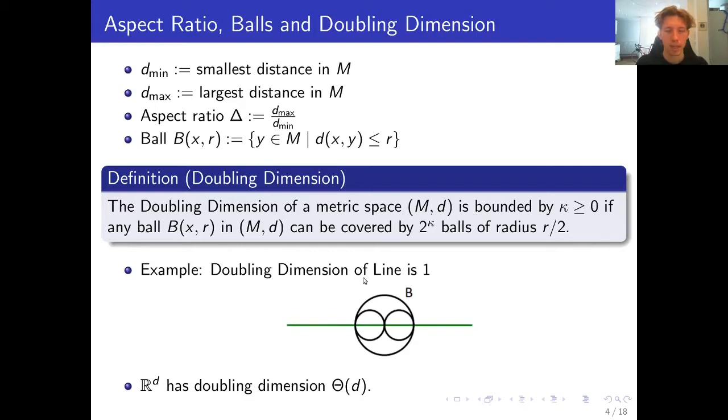For example, the doubling dimension of a line is 1 because this ball can be covered by 2 to the 1, so 2 balls of half the radius. As you can see, each of the points on the line is covered by those 2 balls. And an interesting fact is one can show that R^D has doubling dimension of theta of D.